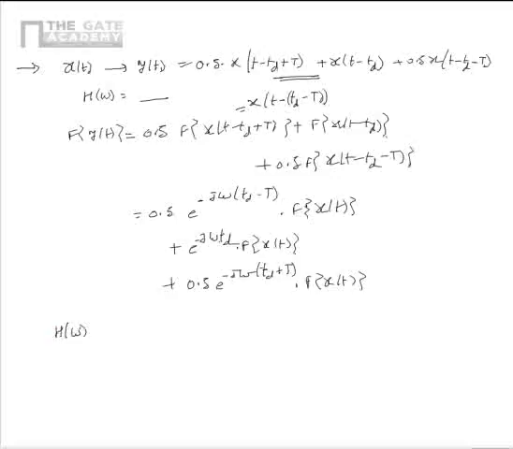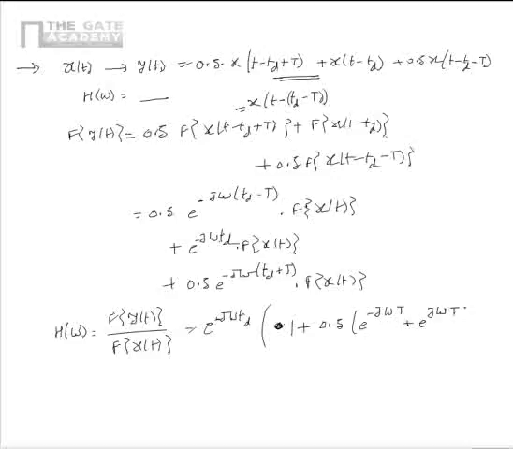We know that the system function can be written as H of omega is equal to Fourier transform of y of t divided by Fourier transform of x of t, which can be simplified as e power minus j omega Td as a whole multiplied by 1 plus 0.5 times (e power minus j omega capital T plus e power j omega capital T). We know that e power minus j omega capital T plus e power j omega capital T can be written as 2 cos of omega T.